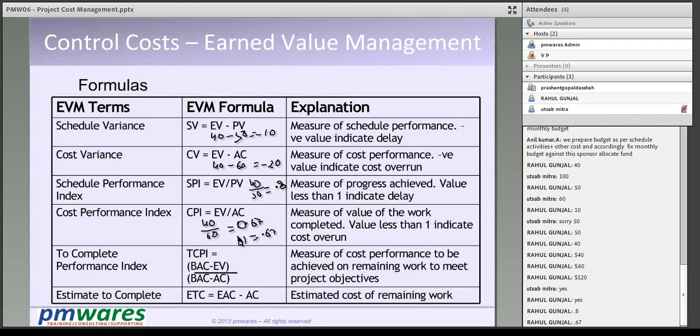Correct? I was supposed to achieve 100%, I achieved only 80%, so my rate is 80%. And cost performance means what returns I am getting on my investment, right? Actual cost is my investment. How much did I achieve? 40%. That means I am running at a rate of 67 cents per dollar.